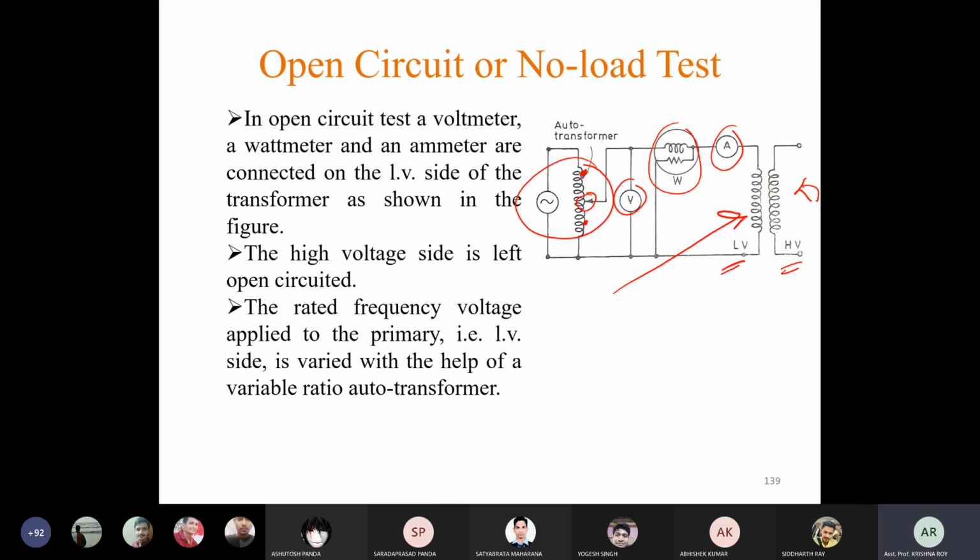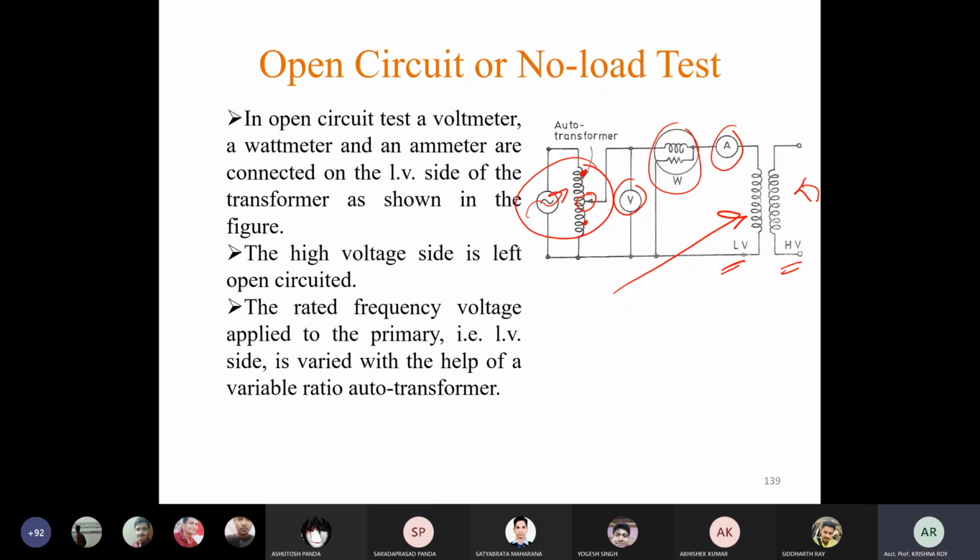So to get our desired output voltage, we can use this auto transformer. Some fixed input is given here and we will get variable output voltage. Normally we call it a variac, variable AC output. So by using this auto transformer, we can give variable output to this transformer.